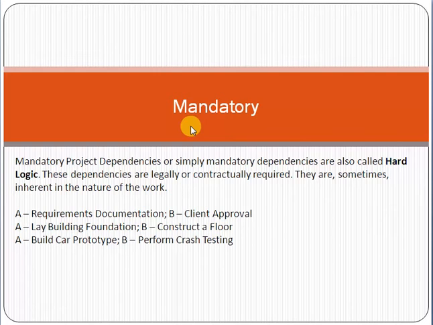Okay, again remember, whenever we are talking about dependency, basically we are talking about the relationship among the activities. For example, requirement documentation, after requirement documentation, the client approval will be required. Like first of all, once the scope document is complete, then client approval will be required.